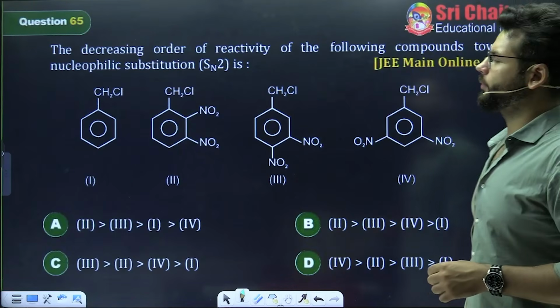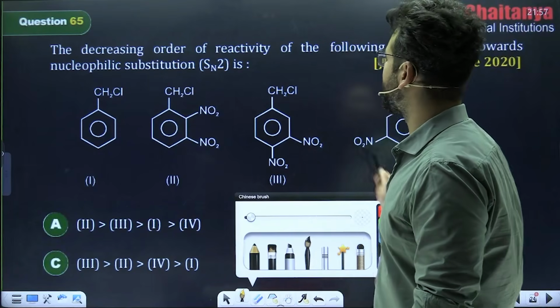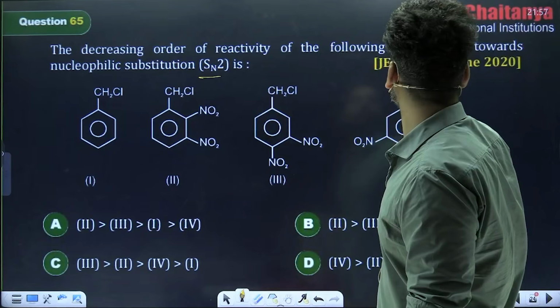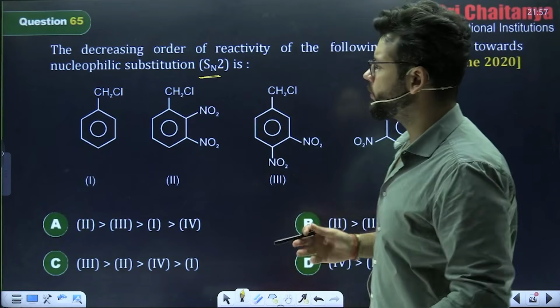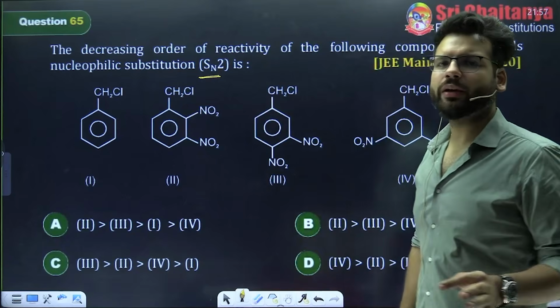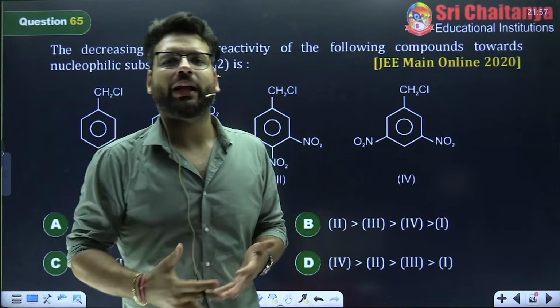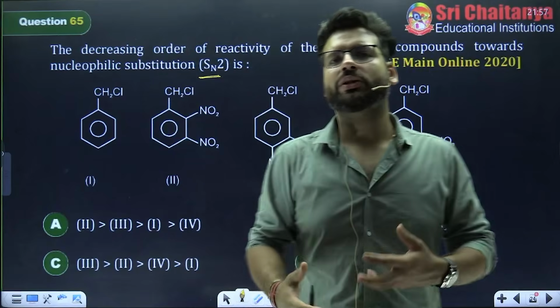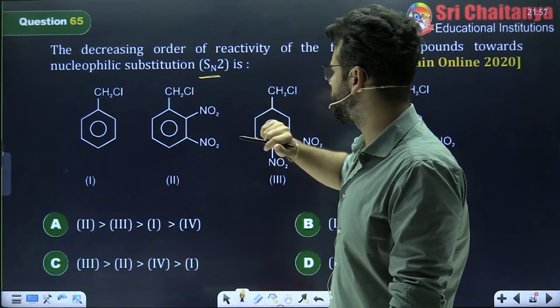Moving ahead, reactivity towards nucleophilic substitution by SN2 mechanism. Again, a repeated question, SN2, so don't make a carbocation. When you want good reactivity towards SN2, you want your carbon carrying the halogen to be very much electron deficient.